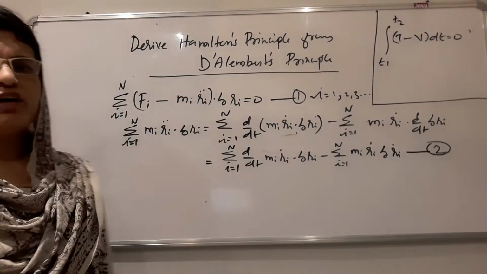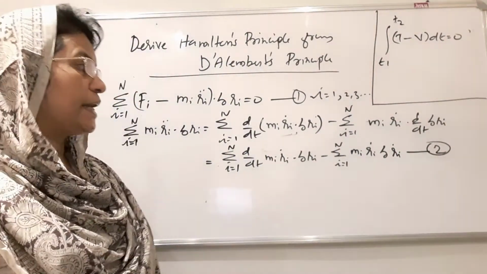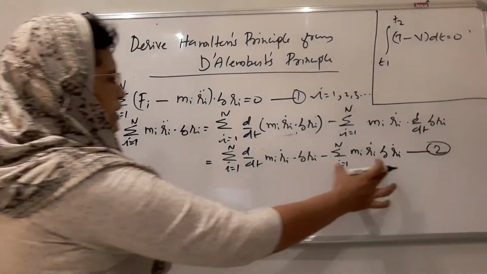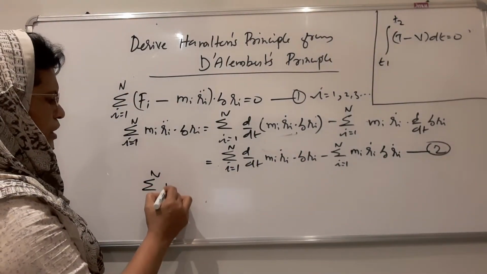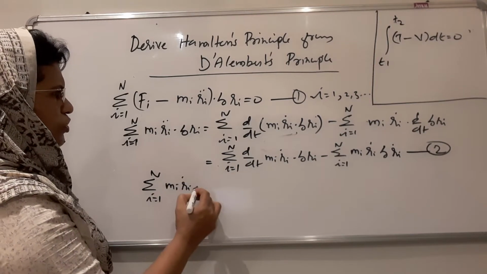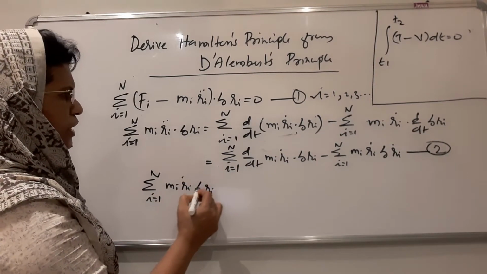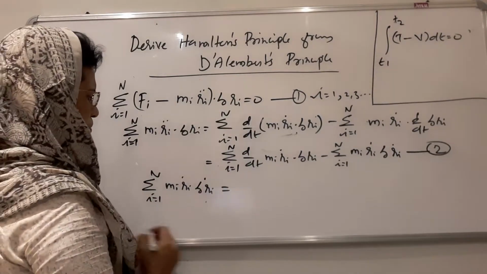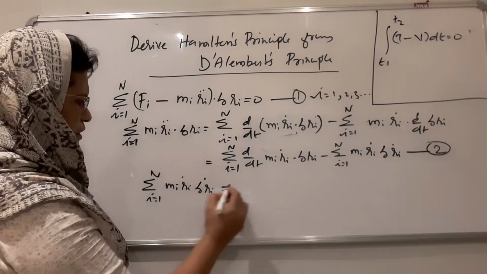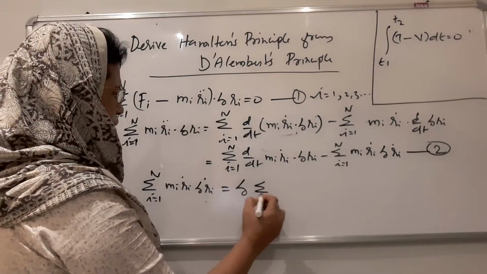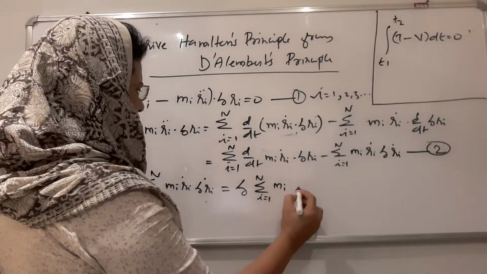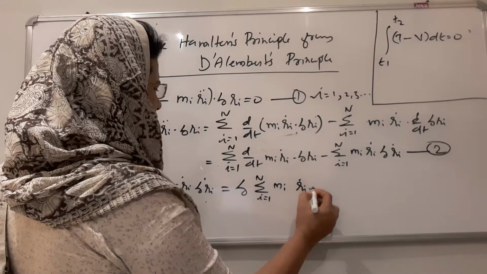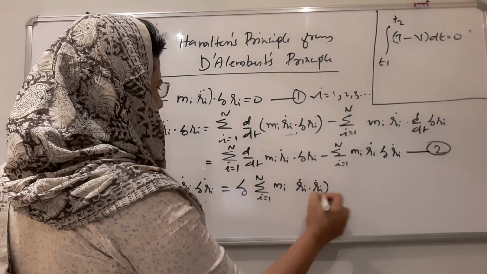From the first equation we are taking the second part, and from the second equation again we are taking the second term, that is sigma i equal to 1 to n mi Ri dot delta Ri dot.